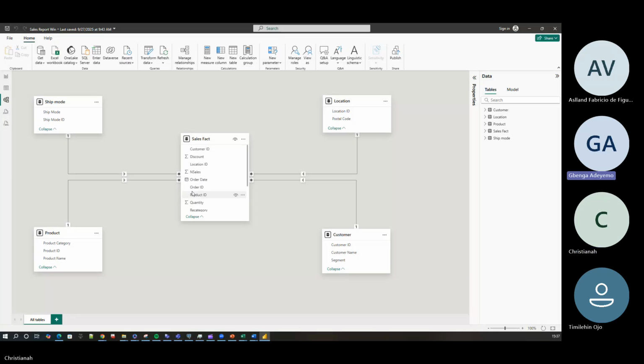Or another example that we can talk about. Let's say you have a warehouse, and you have warehouse managers.